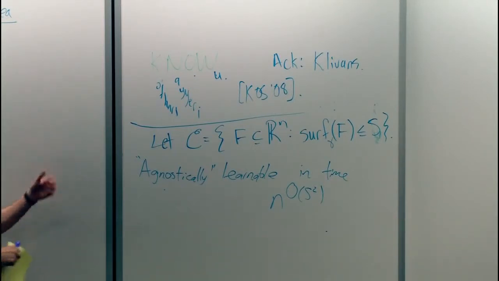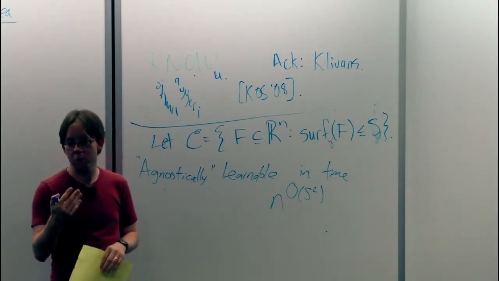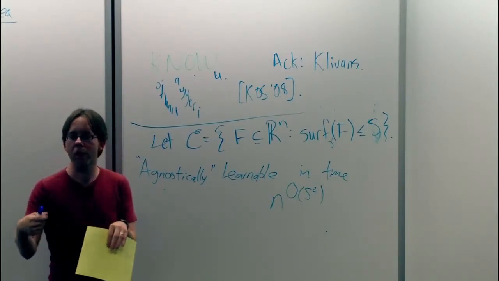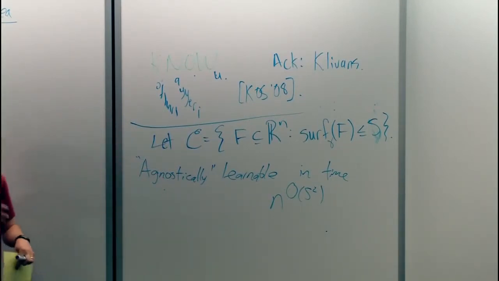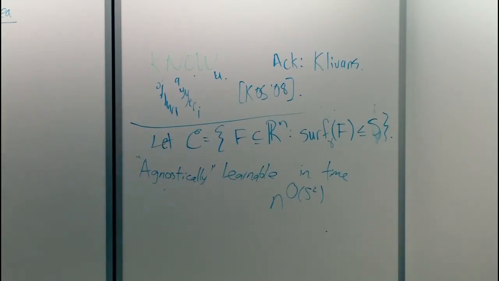Basically the model is that you get examples. So you get randomly drawn points from the Gaussian distribution, and also whether or not they're in the set. And after about this many draws and time, you have to output a hypothesis set which is close to the true underlying set F in Gaussian measure.